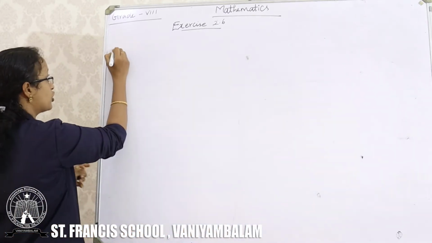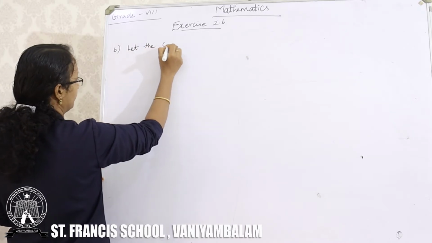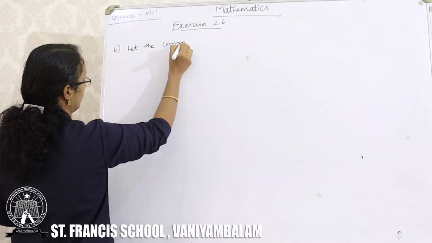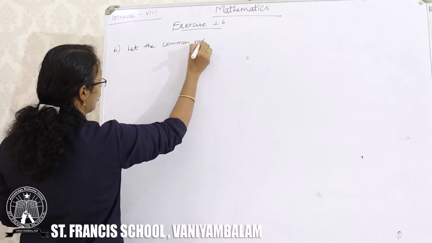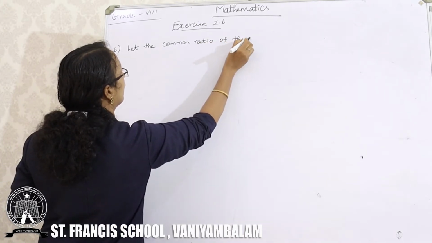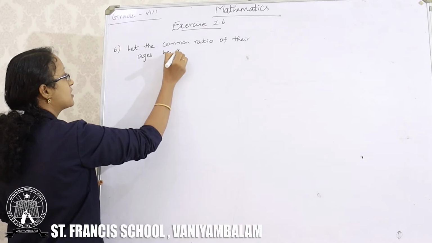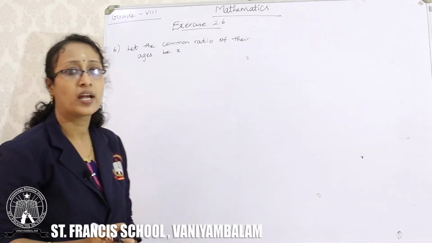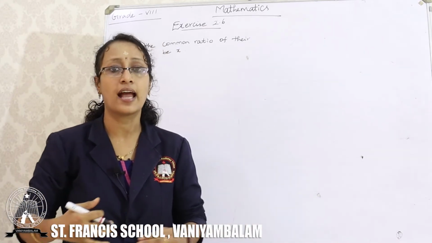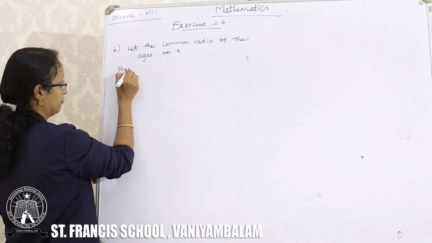Let the common ratio of their ages be x. So you can write the present age of Hari and Harry.